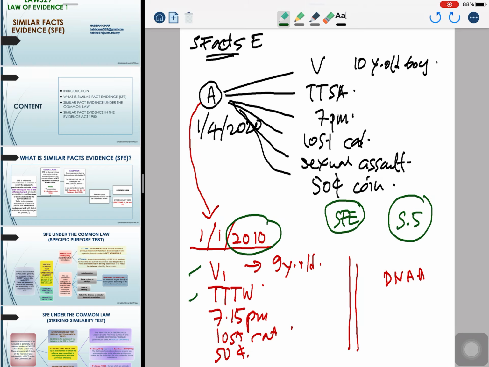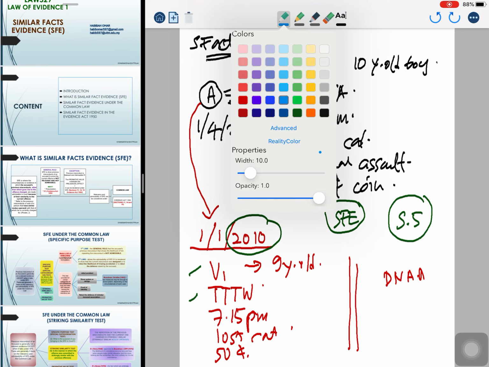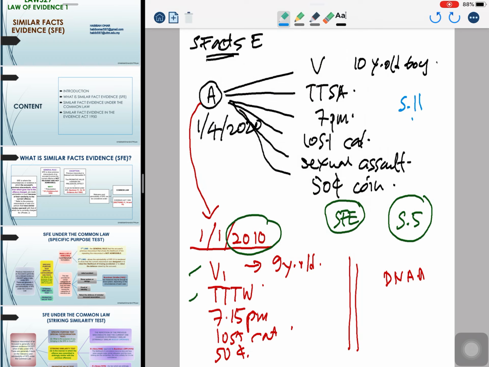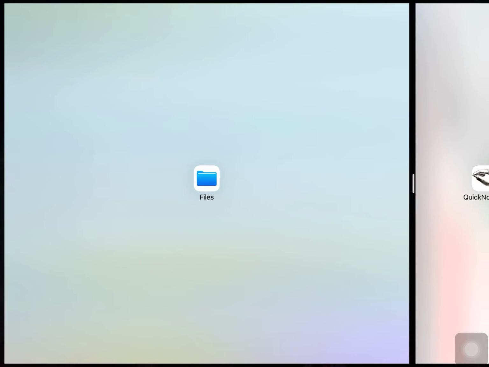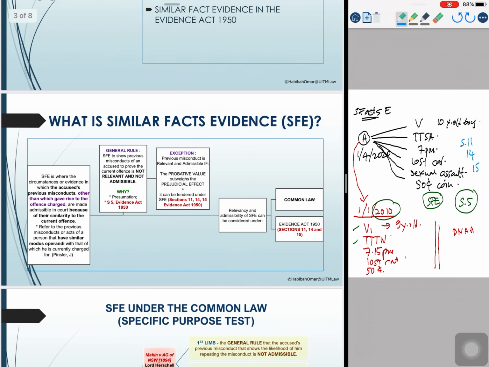That is, the probative value of tendering the evidence could outweigh the prejudicial effect, and it fits into the provisions which allow for similar facts evidence to be tendered, which in Malaysia may fall under Sections 11, 14, and 15 of the Evidence Act.